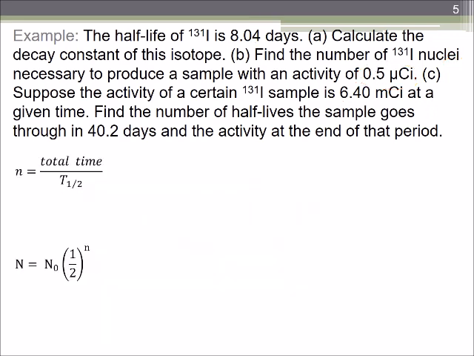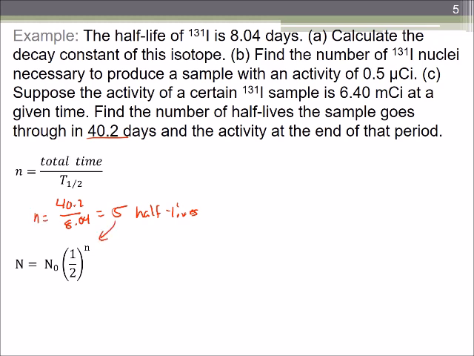Now we can figure out how many half-lives have passed after 40.2 days. So the number of half-lives that pass is this total time, 40.2 days, divided by my half-life, 8.04 days, which gives me that we've had 5 half-lives take place, so that gives us our n value.